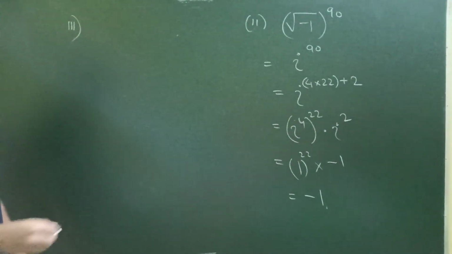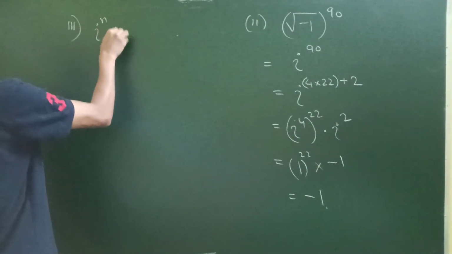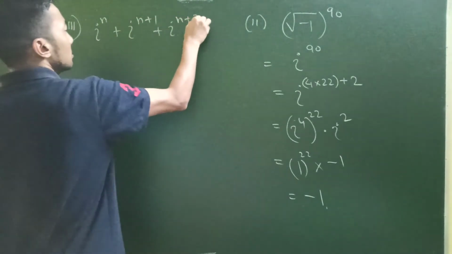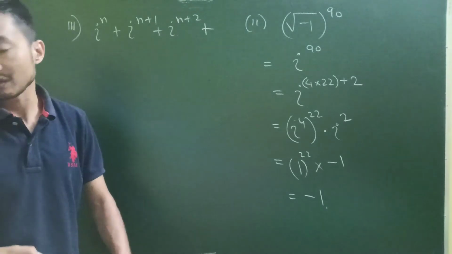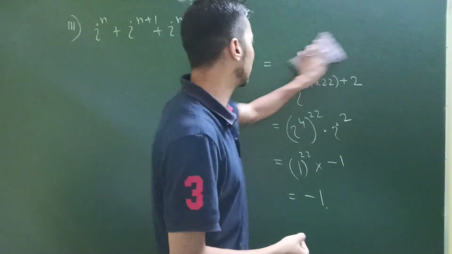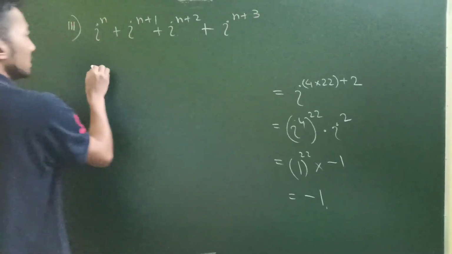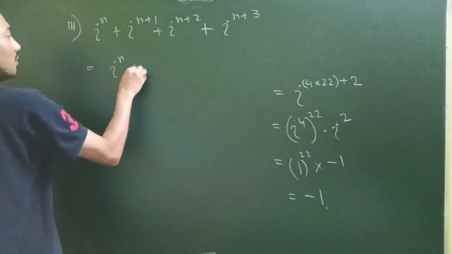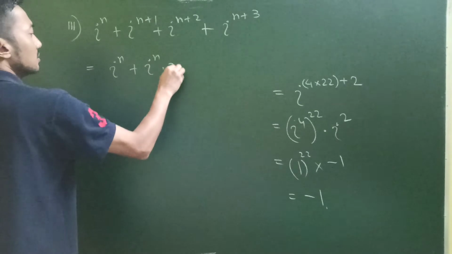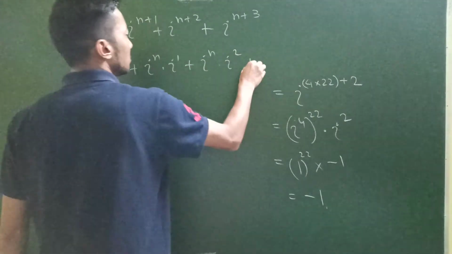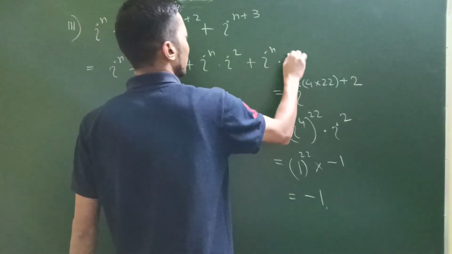Another question: i^n + i^(n+1) + i^(n+2) + i^(n+3). These are sometimes important for your competitive examinations also. Okay, so please give importance to this particular video also. So this one I can write as i^n + i^n into i^1 + i^n into i^2 + i^n into i^3.